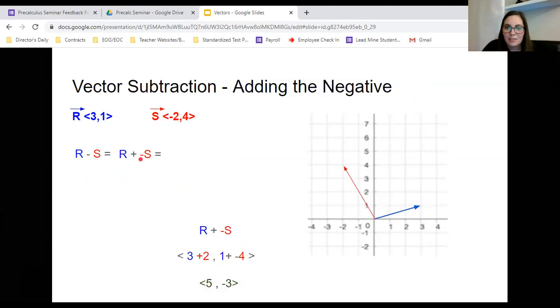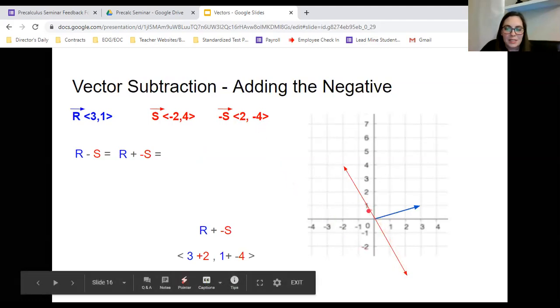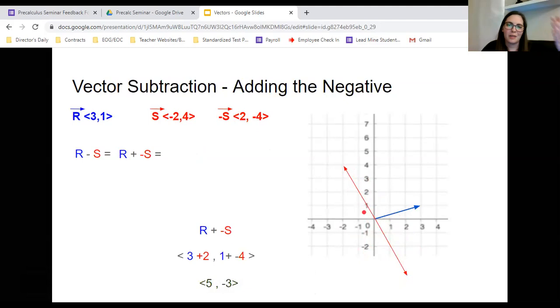Now we first have to figure out what -s is. It's kind of like distributing a negative. We're going to change the sign on -2, change the sign on 4, so we're going to get 2, -4. Now you can see my positive s here and my -s here. They make a line. So we're just reflecting it into the opposite quadrant. And then we're just going to do components here.